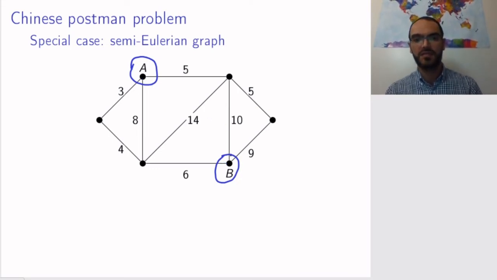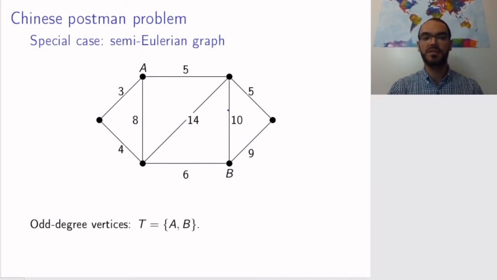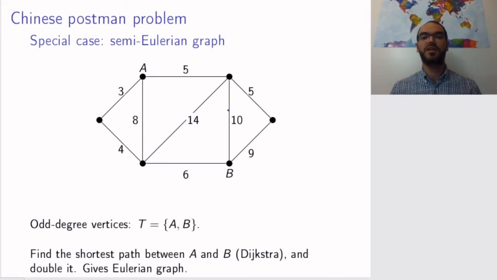So I have to find some set of edges that connect these two vertices in the most efficient possible way. In other words, I want to find the shortest path between A and B.